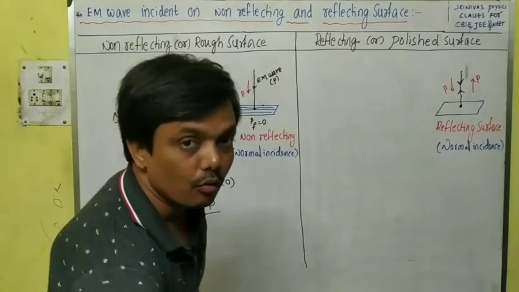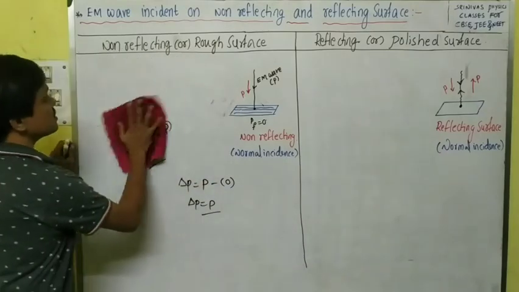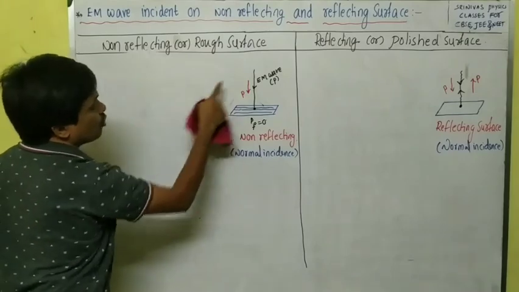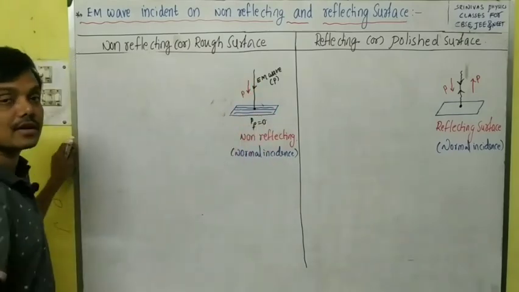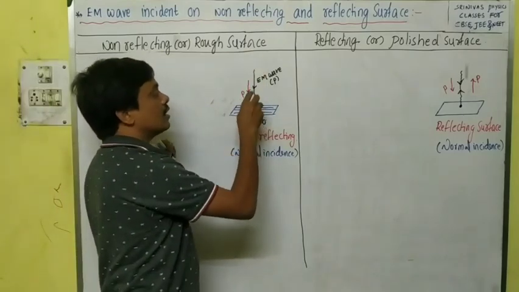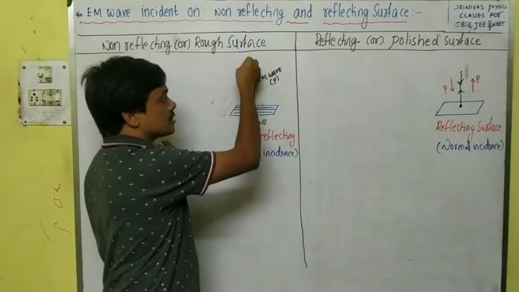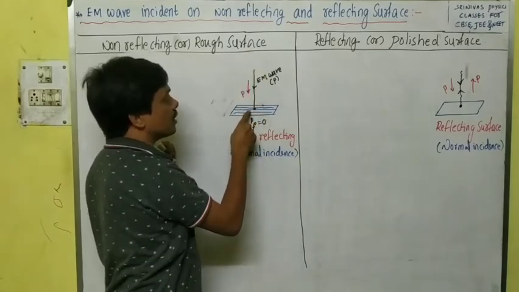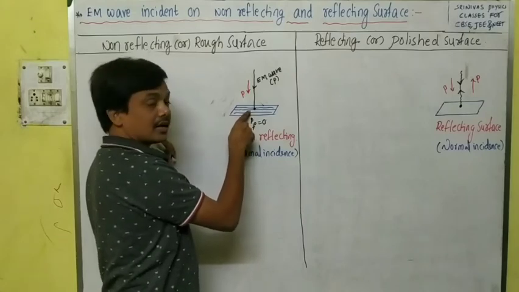Okay. Why does the momentum change occur? When the electromagnetic wave strikes the surface, in the same manner as the ball strikes the surface, its momentum is changing. How much momentum changes, that much momentum is delivered to the surface, right?